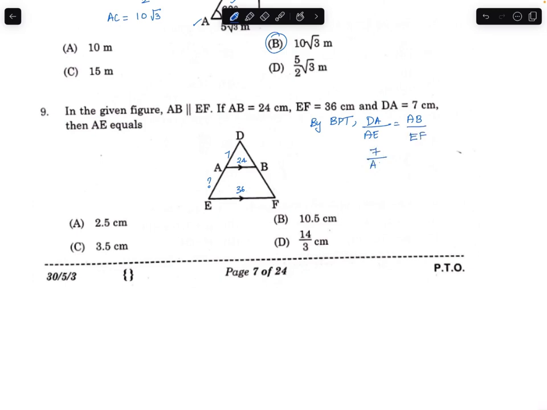DA is 7, AE is what we have to figure out. AB is 24 and EF is 36. AE is equal to 7 times 36 upon 24. On simplifying, we get 21 upon 2, that is 10.5 centimeter. So the answer is option B.